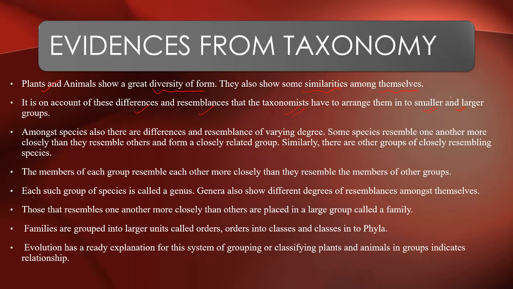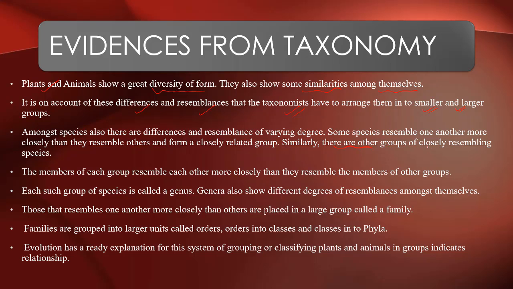Okay, to categorize the different taxonomic categories, meaning species, according to their similarities and dissimilarities with the others. Among species also there are differences and resemblances of varying degree. Some species resemble one another more closely than they resemble the others and form a closely related group. The ones which have the same or a common ancestor show common characteristics.